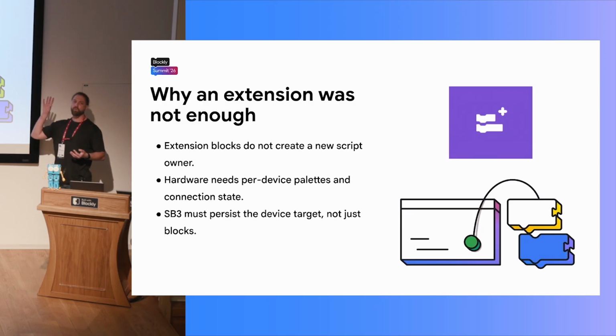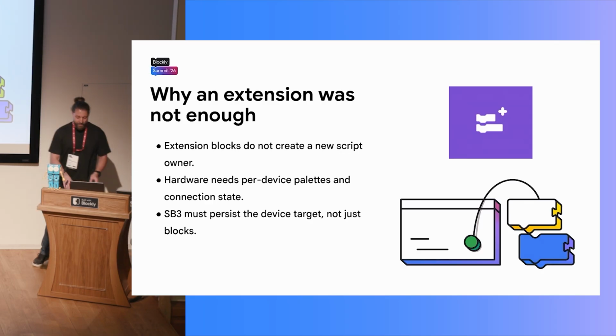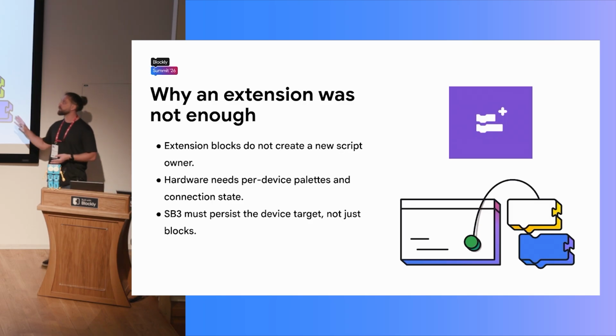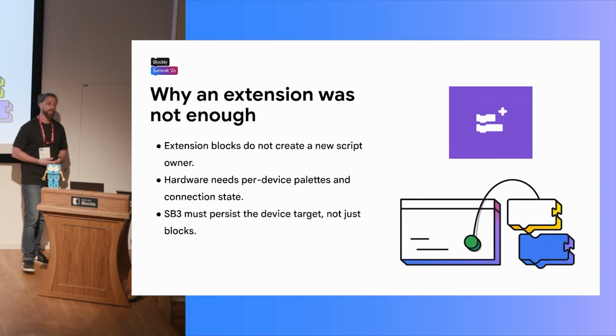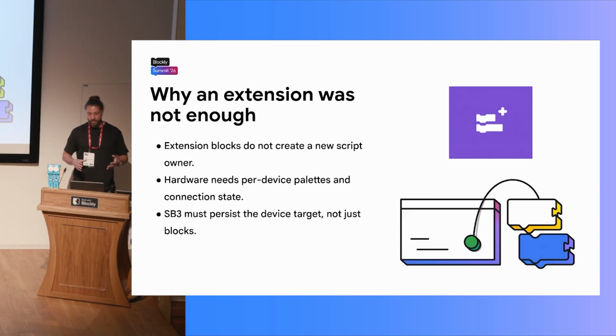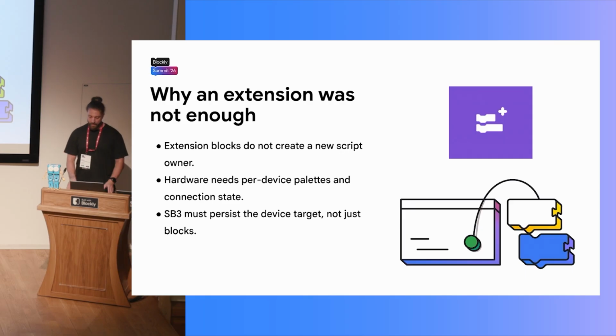If you try forcing all of this through an extension, then the state gets spread across extension internals, GUI state, VM mappings, custom metadata. Now, if none of these ring a bell, don't worry. Just keep from this slide that extensions were not enough for us because of ownership, because extension blocks belong to an existing sprite. And to reiterate the point, the conclusion was not that extensions are wrong, rather the conclusion was that our hardware needed to become a target and not just a set of visible blocks.